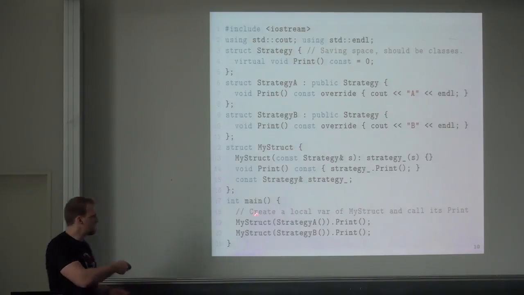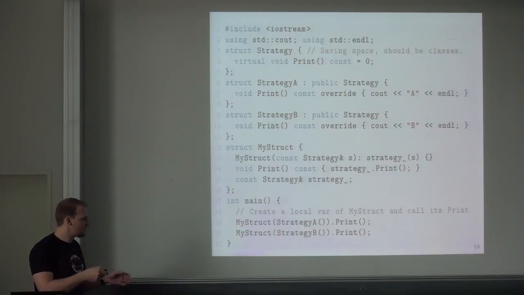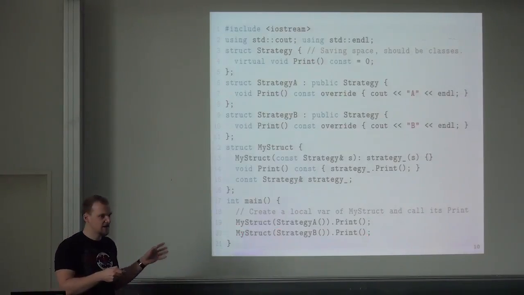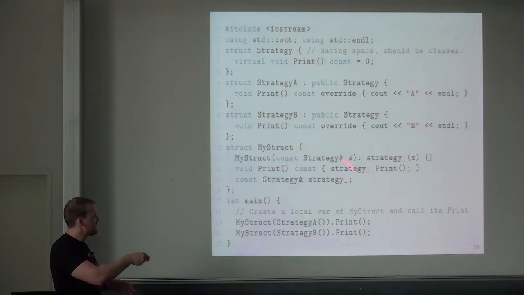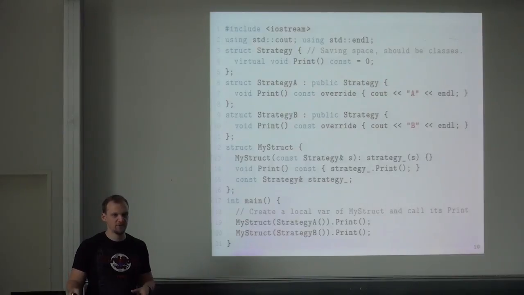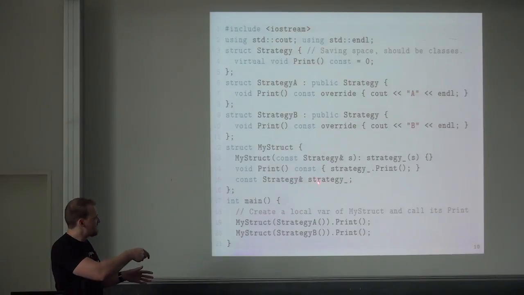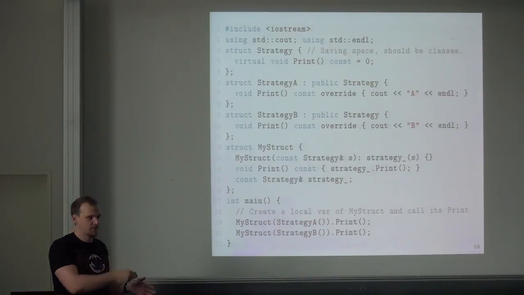How does it look? It looks like this. So this will print A, this will print B. And as you can see, we never change anything in this class over here. It doesn't know which print implementation it will use. It's defined by the variable that we set to it. Okay? So this strategy is set from this variable over here that is passed over here. Okay?